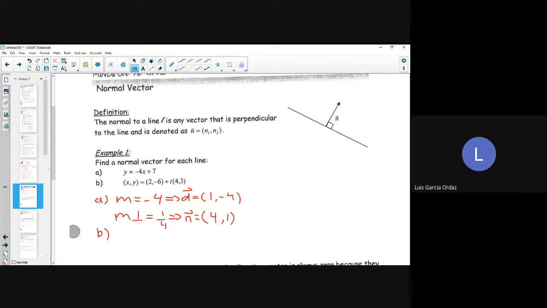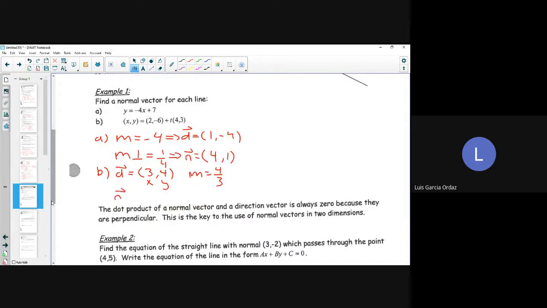B. So for B, I know that my direction vector is going to be 3, 4. So again, this is x, this is y. So if I were to write a slope, it would be m is equal to 4 over 3. Who can tell me what my normal vector is going to be given this information? So what's the negative reciprocal of 4 over 3?